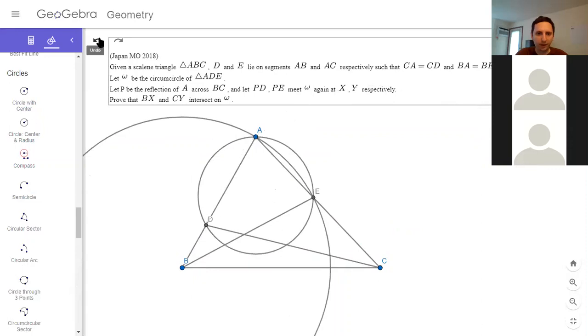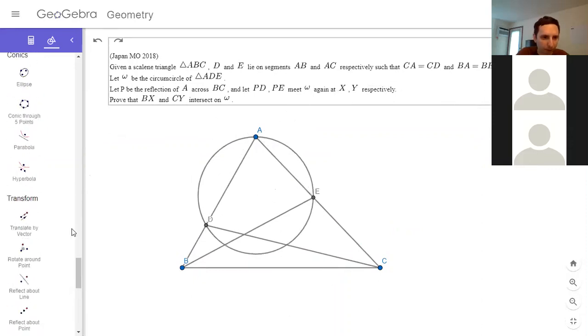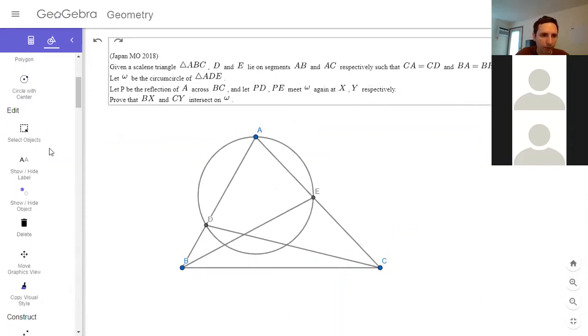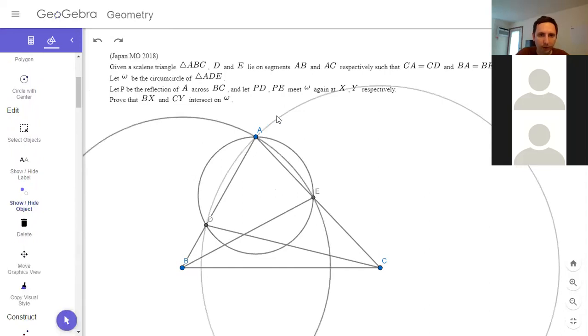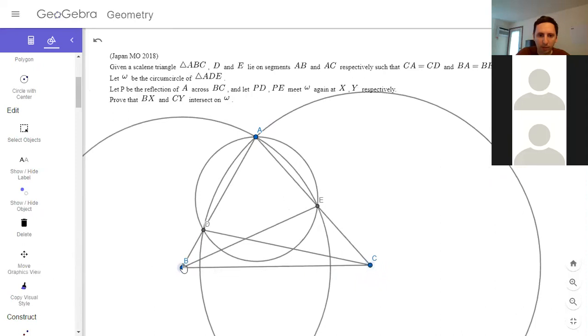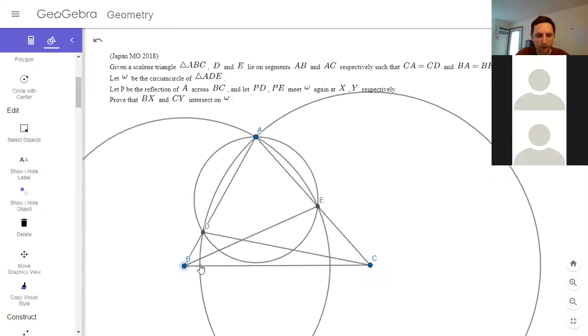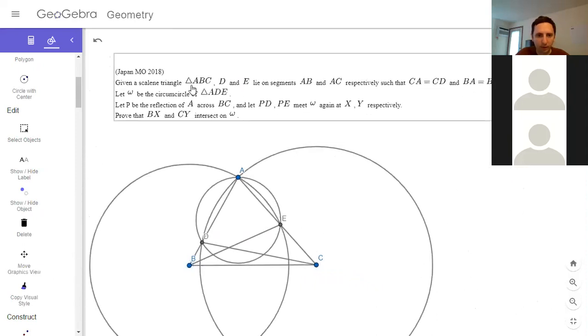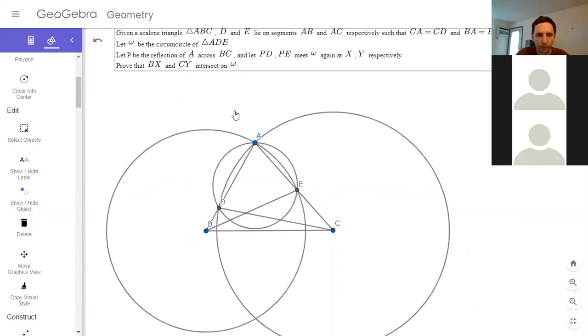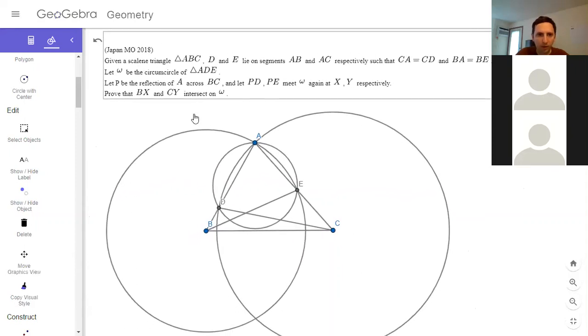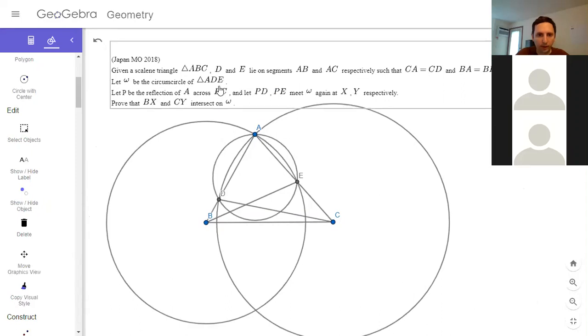Actually, I think I'm going to use unhide instead of drawing the circles twice because I already drew them. So let's see. I'm going to need to shrink it a little bit. So we want to see point P. So that's point P down there.